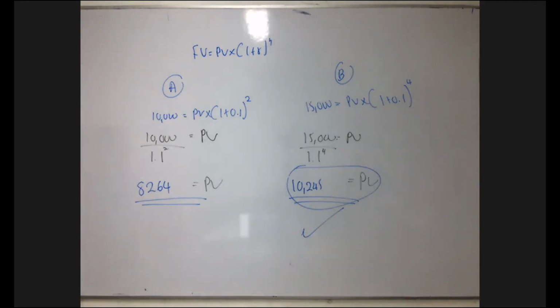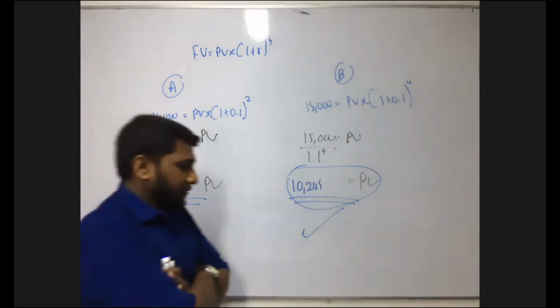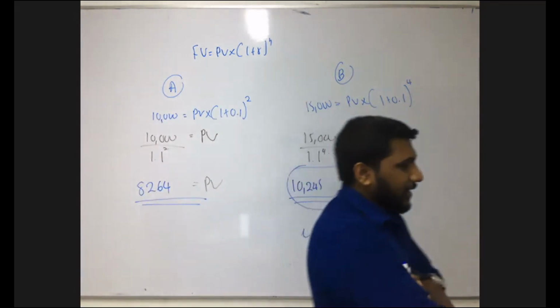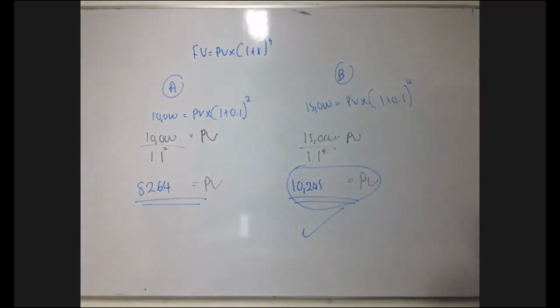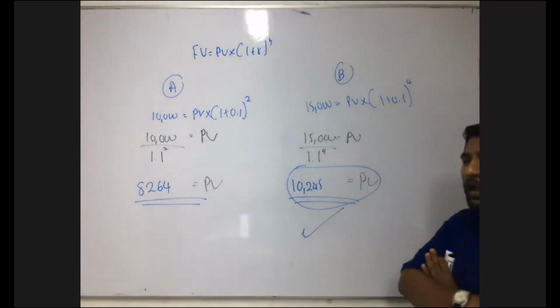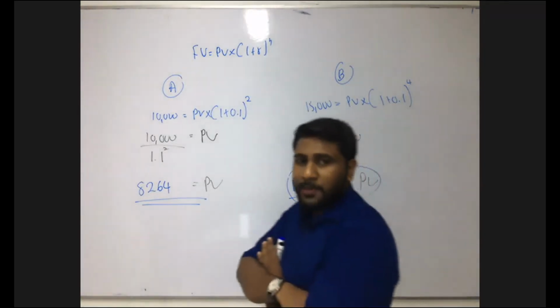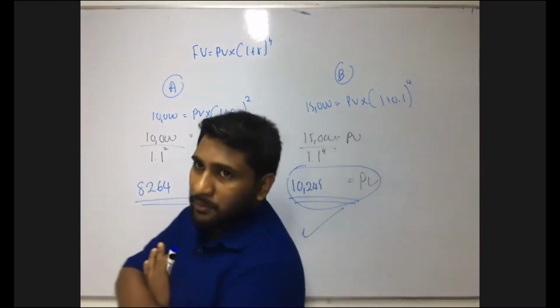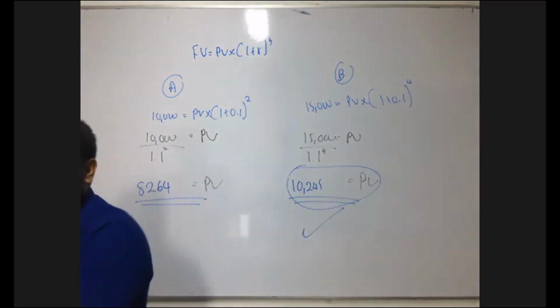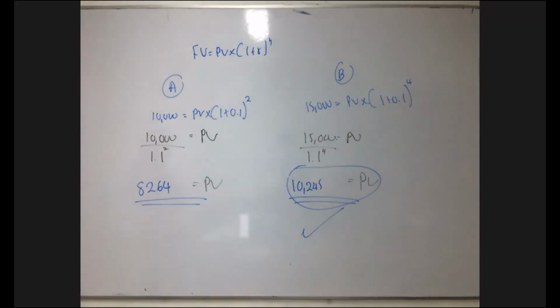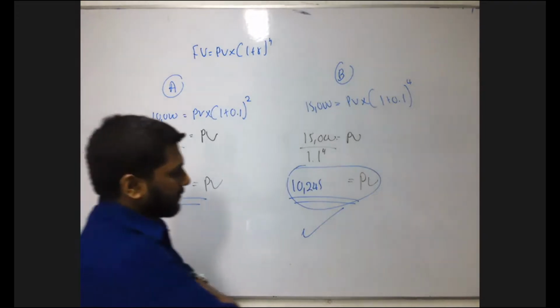Rate is 10%. Calculate the present value. Inside the brackets write down, guys, 3 decimal places.